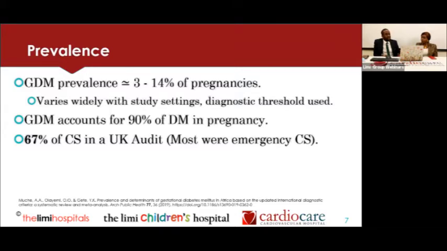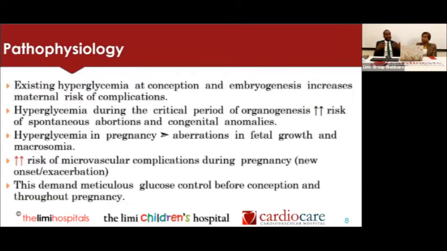Glucose was just slightly impaired, but by the time she came in pregnancy, fasting and postprandial, actually postprandial, was quite high, and she met the diagnostic criteria for DM in pregnancy, not even gestational diabetes. So we can have all those kinds of outcomes when hyperglycemia exists in early pregnancy. The risk of spontaneous abortion is very high, and the risk of congenital abnormalities is very high as well.